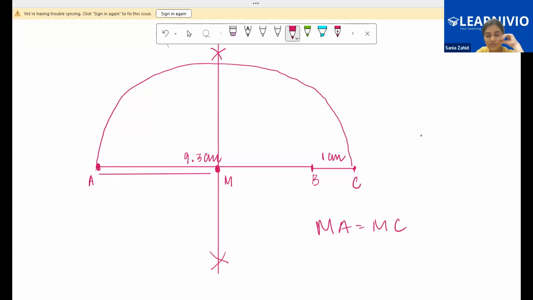Now what you'll do is draw a semicircle. Keep the needle on point M only and join A to C. Just join point A to C by a semicircle.